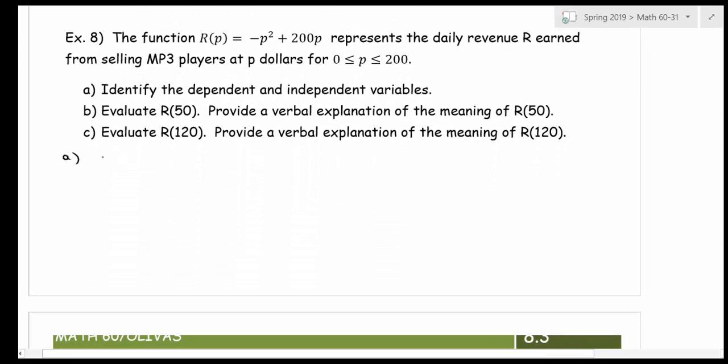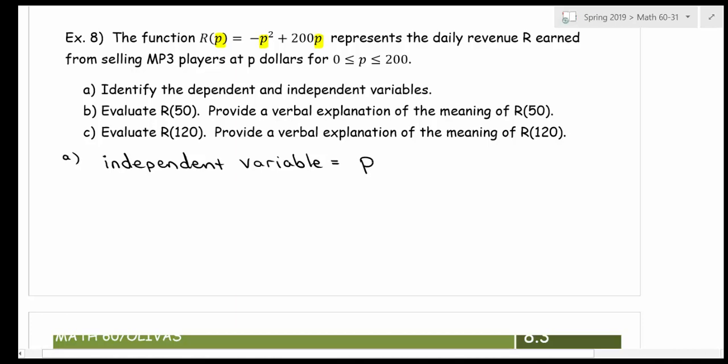So for part A, I'm going to write down independent first. My independent variable in this case is going to be P. So let's go ahead and write P, and I always like to describe a little bit what our P represents.